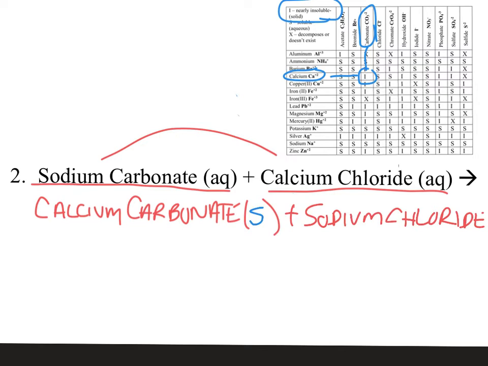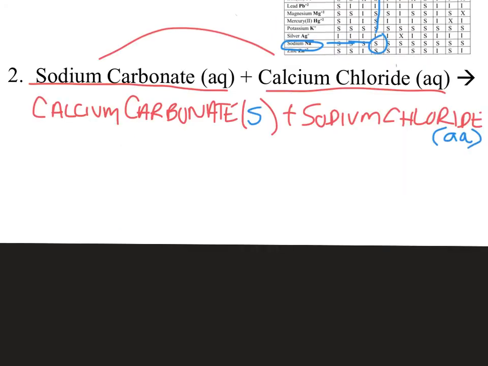If I look at sodium chloride, sodium's down here, chloride's just 1 over. Go ahead and work our way down. That's an S. S stands for soluble, which means aqueous. So sodium chloride will be aqueous. But regardless, since calcium carbonate is solid, this reaction is actually going to take place. So now we can move forward and start writing a chemical equation.